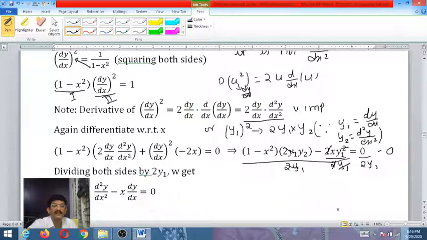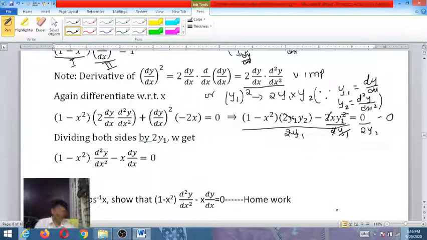So if we divide this, what we get here is 1 minus x square into y2, y2 is nothing but d square y by dx square, minus x into y1, which is nothing but dy by dx, equals 0. This is the proof. So here we can write, as I told, y1 is dy by dx, y2 is d square y by dx square.